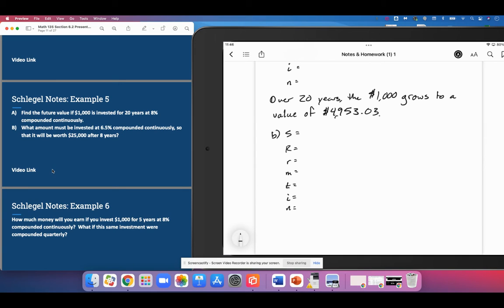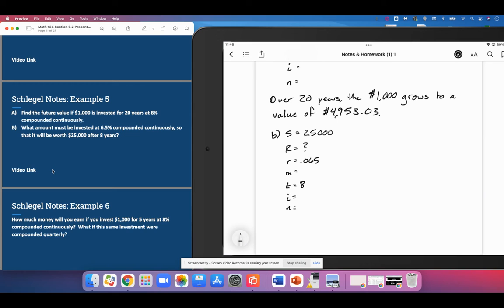We're investing compounded continuously again, so there are going to be some missing parts here. 6.5% is our rate, so 0.065. We're wanting to have a total of 25,000, so that's the future value. We're being asked how much we need to invest, and it's going over a period of 8 years.